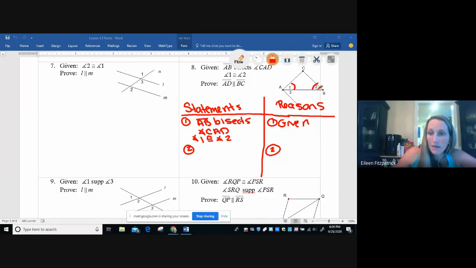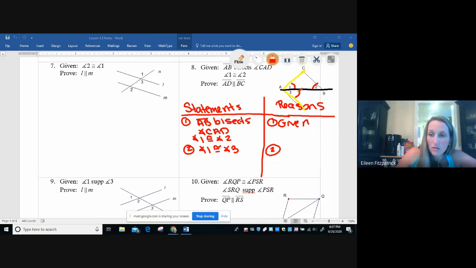If AB bisects angle CAD, so this yellow angle, there we go, this yellow angle is being cut in half by the black bisector. What does that mean? It means that angle 1 is congruent to angle 3. Okay, so I can write that down. Angle 1 is congruent to angle 3. And how do we know that information?